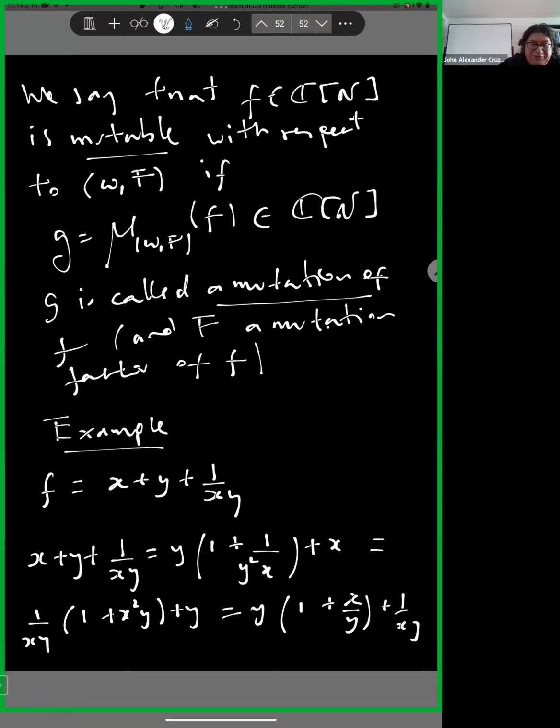So you have these three ways to see this polynomial. These are three different mutations of f. It should correspond to the three directions I have in my definition of the mutation.